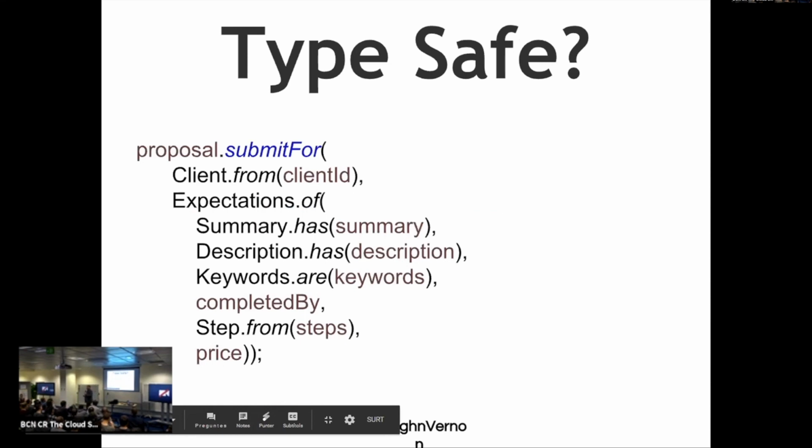What about type safe? You know, so if we're submitting a proposal with client expectations, look at how fluent we want our client from a client ID and the expectations of a summary, a description, completed by the steps to be performed in this job proposal and the price that we expect.